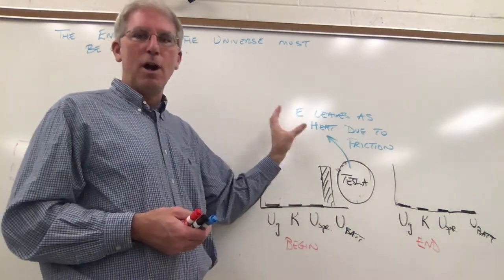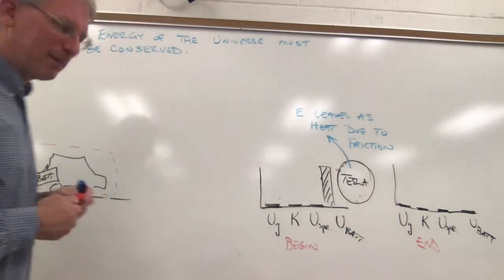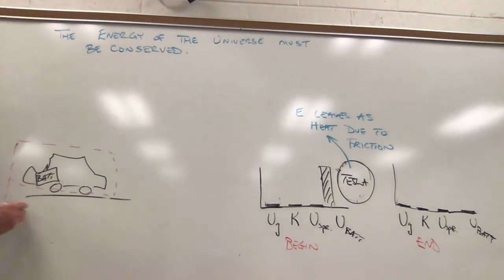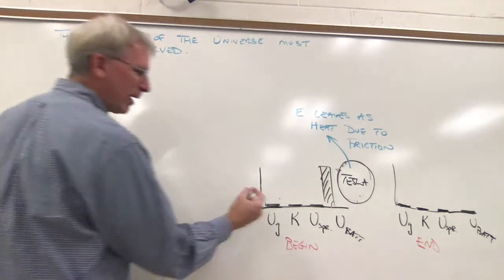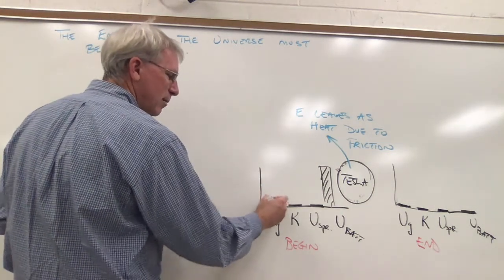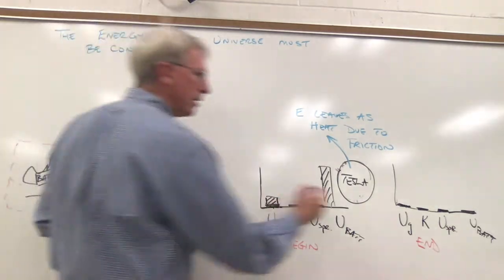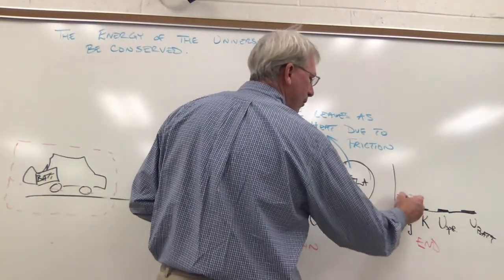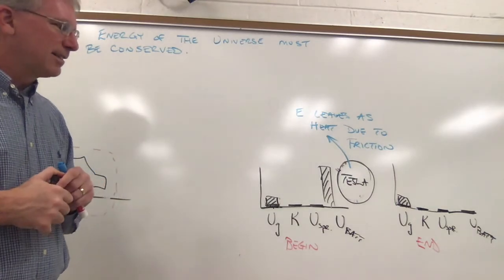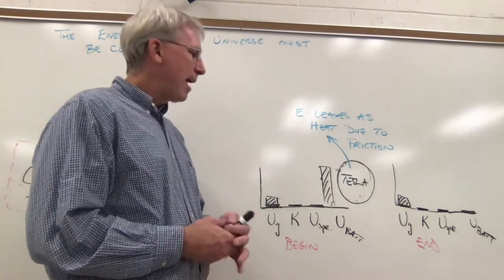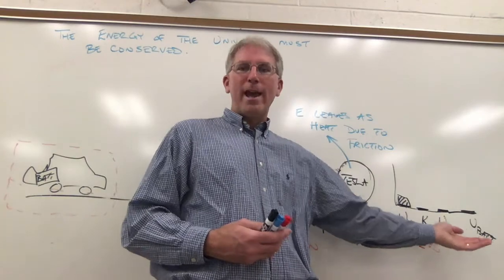So I'm going to leave here. The energy will go. What if, last thing, what if I included the Earth as part of my system here? Well, I might have a little bit of potential energy because my car is mostly above the ground, but it's mostly above the ground anyway. So that's going to stay the same. My battery energy is still going to go way down.